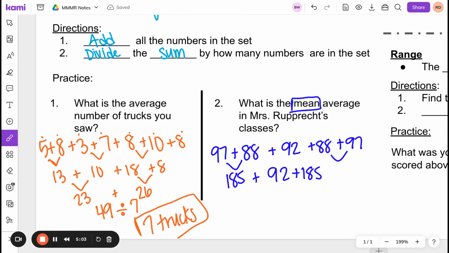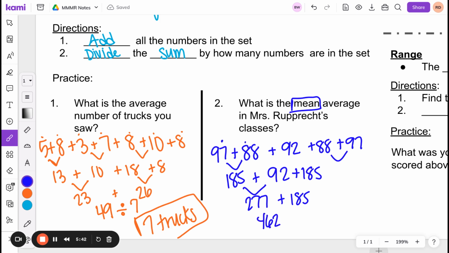So then 185 plus 92 equals 277. And that plus 185 is going to equal 462.